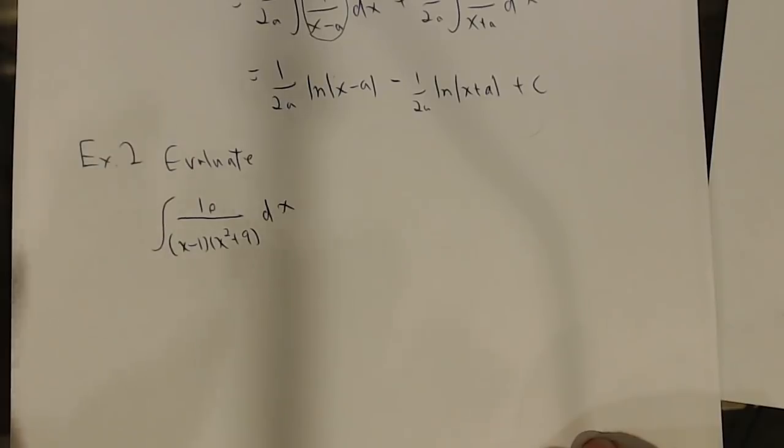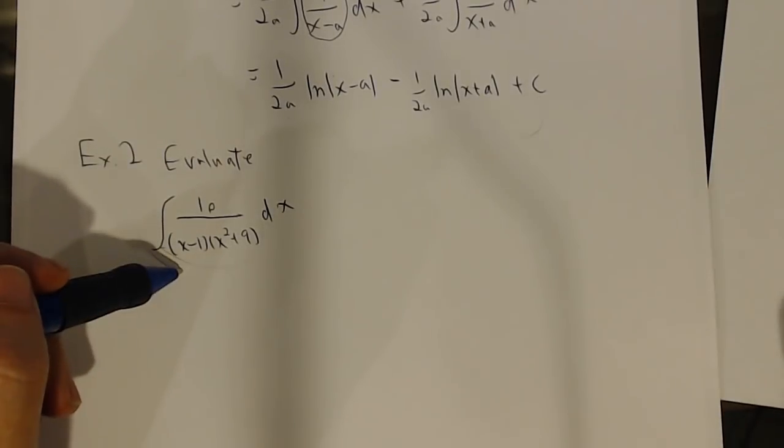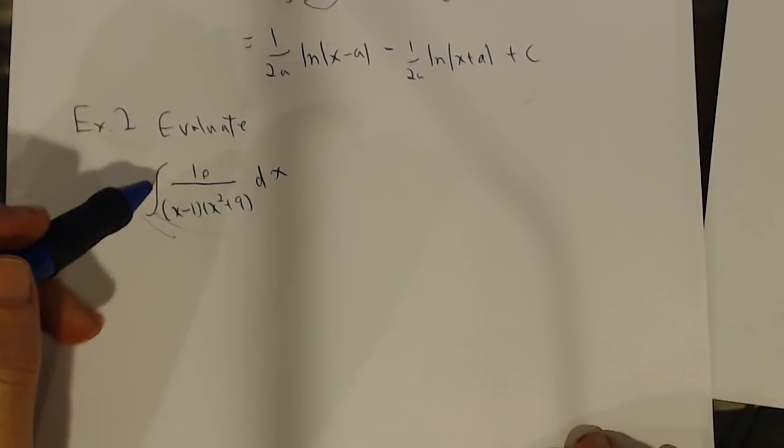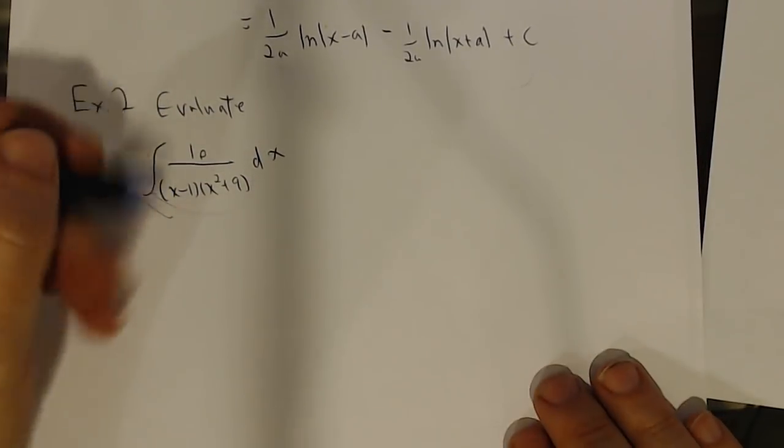So right away, what do you notice? Just by looking at this, you're like, okay, I can't find this antiderivative because it's a little complicated. So we're better off using partial fractions.